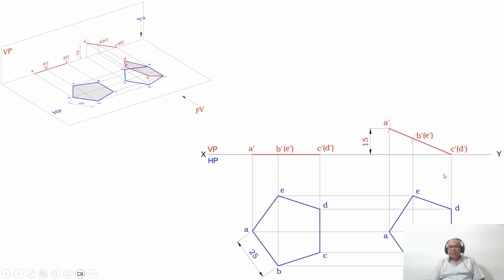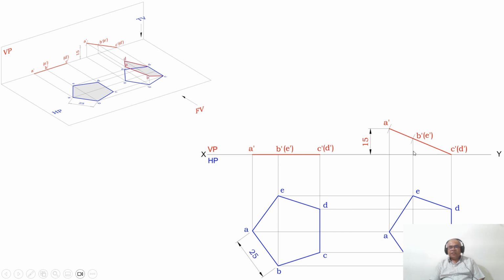Then what I need to do now is write the top view. How to write the top view? Draw a vertical projector from A dash and draw a horizontal projector from A. Both these two lines will intersect at this point. You mark this point as small a.